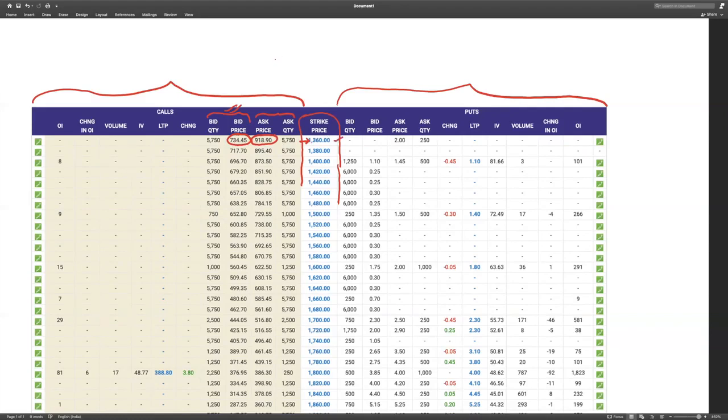That is for K1 strike, say, and the premium will be whatever matches. Say for instance, they both meet at 812 here, then you will see that 1360 strike is traded at 812 at that moment of time.